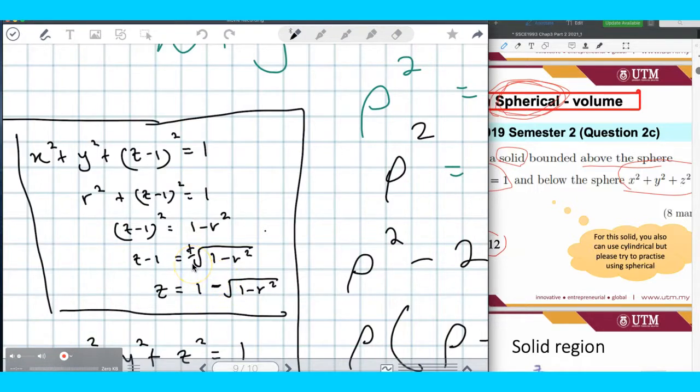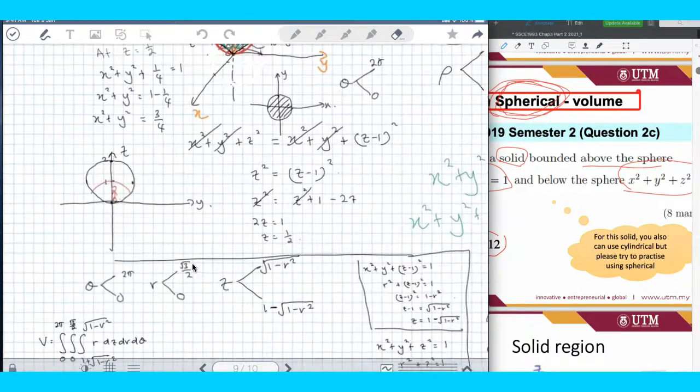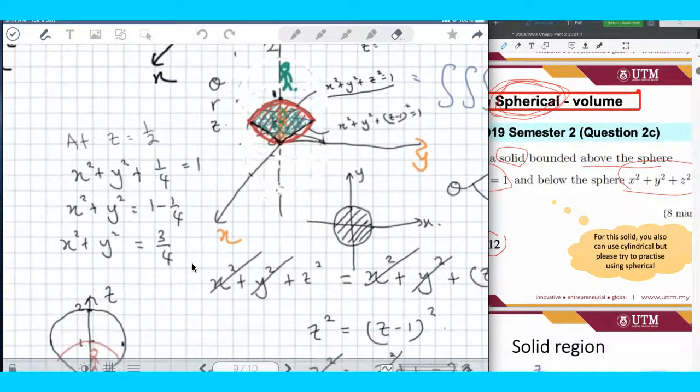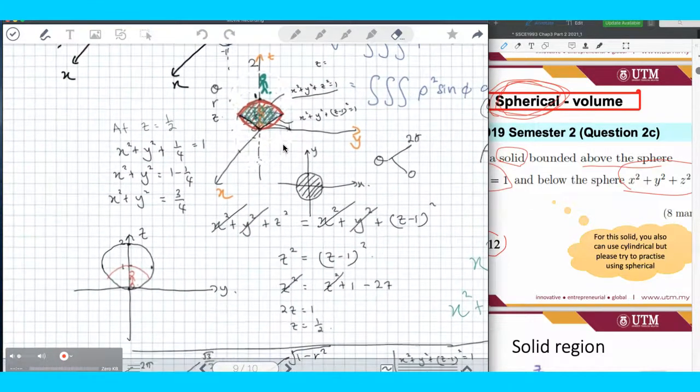In order to determine whether it is positive or negative, you have to look again carefully at your solid. From our discussion in the previous video, this solid is a combination of the sphere shifted 1 unit along z and the standard sphere centered at the origin.